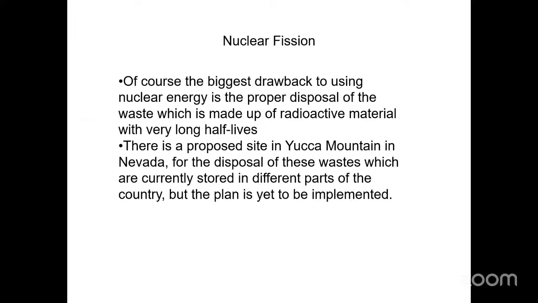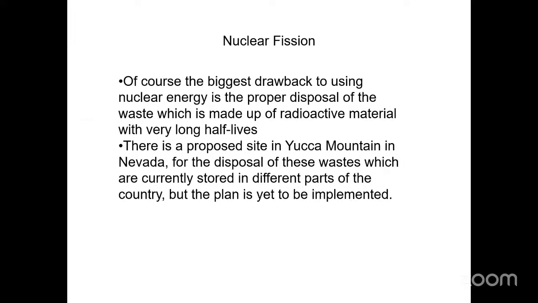And back in the 80s, when Reagan was president, it was proposed that there's a mountain in Nevada called Yucca Mountain, which was proposed to be a site for the disposal of nuclear waste, right?